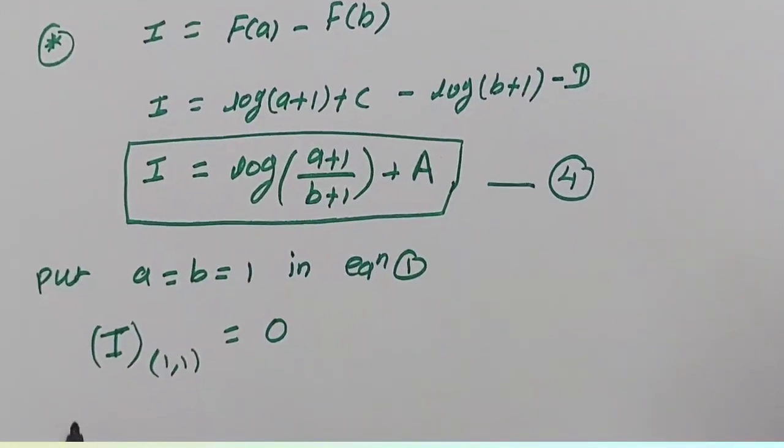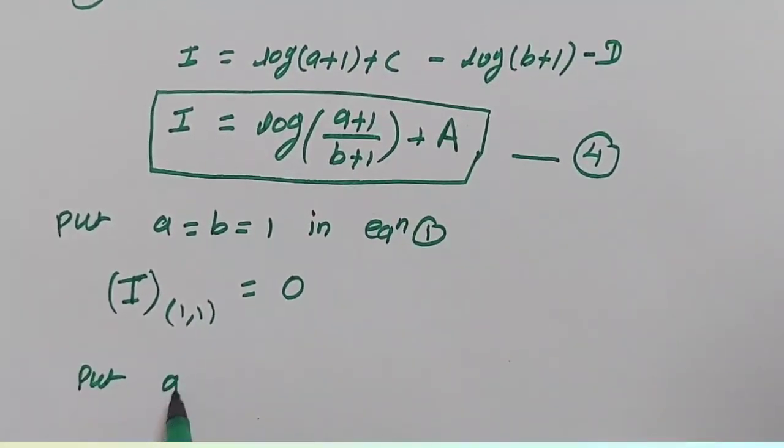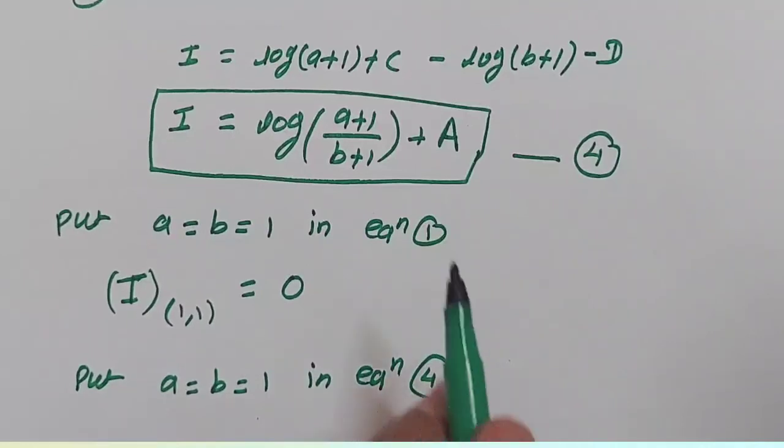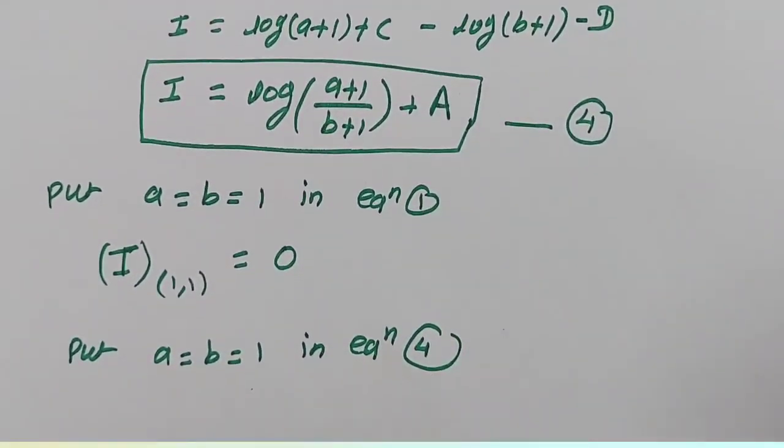Now the same value of a and b, put a equals b equals 1 in equation number 4. We want to find the value of E, so we have to put this value in equation number 4.